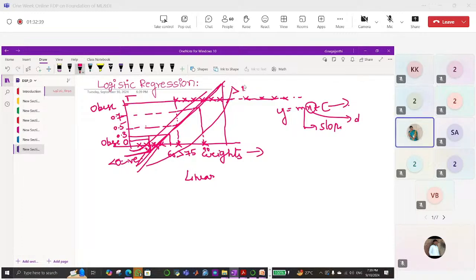Because of these reasons, we are considering the sigmoid function. Suppose we can draw the sigmoid function like this, from 0 to 1. Because of the two conditions, here y is equal to mx plus c, otherwise y is equal to beta naught plus beta 1 into x.